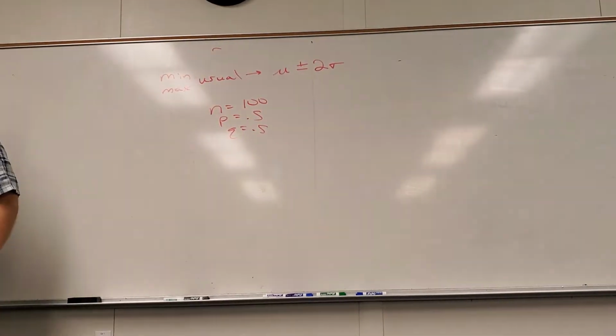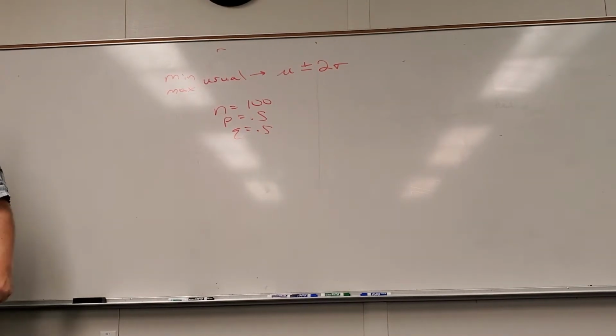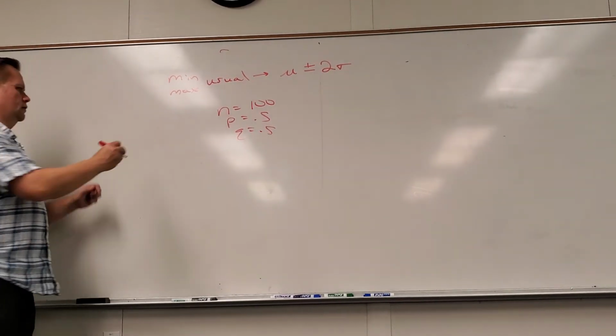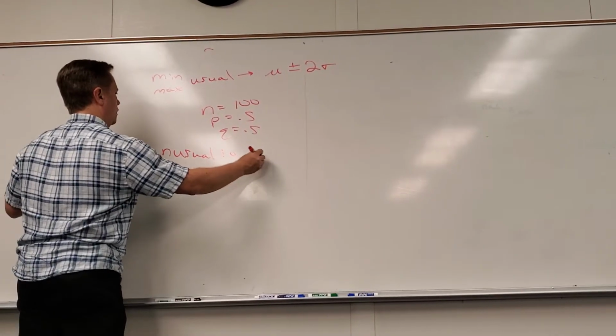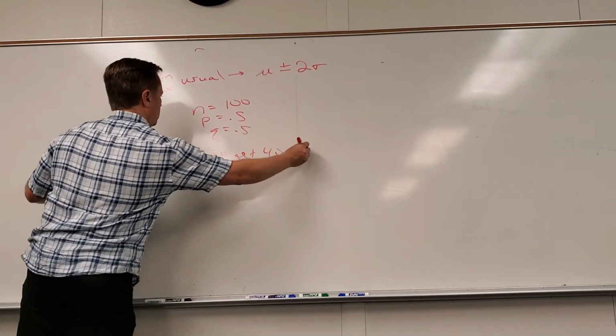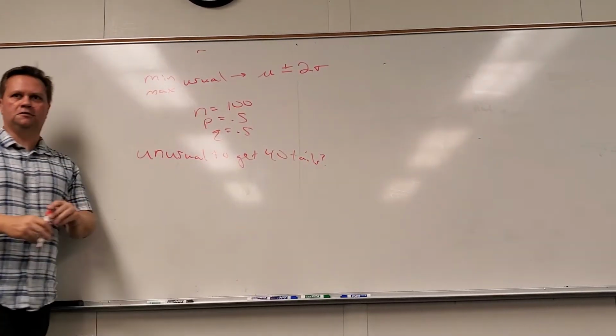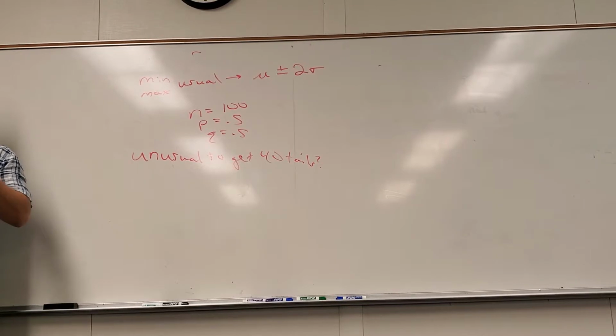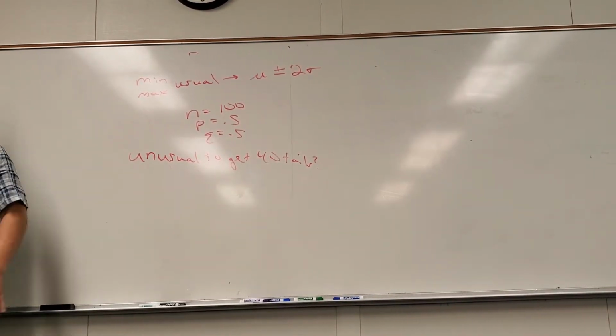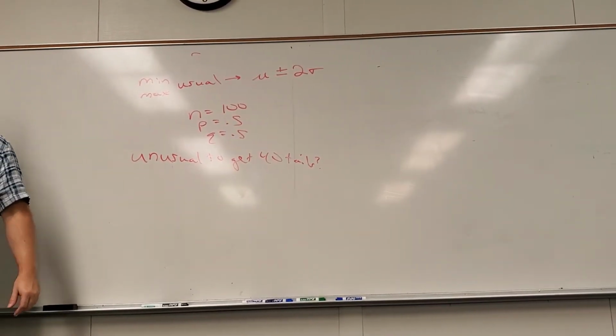would it be unusual to get 40 tails? This is not a subjective question. This is not a, how do you feel about this? This is a technically defined idea of unusual.